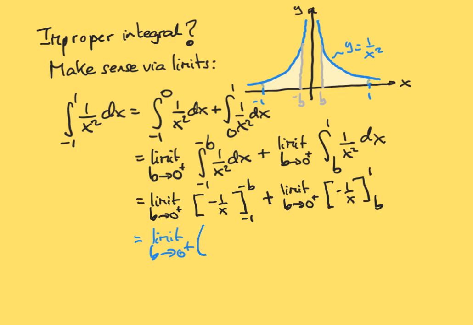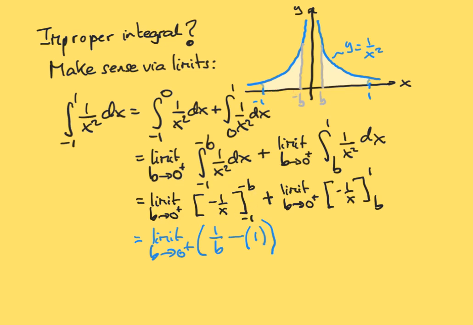So that's +1 over b minus, and then at the lower limit, I'm going to open a bracket to be careful because we might make a minus sign error otherwise. We are going to have -1 over x, where x is -1, so it's -1 over -1, so it's +1. So in the brackets here, it's 1. And that is our result. We've still got to take the limit for this term here.